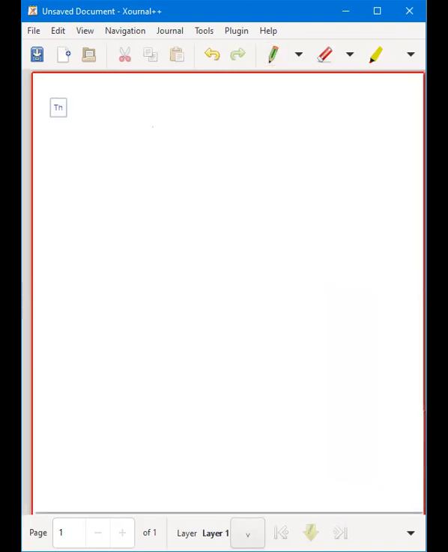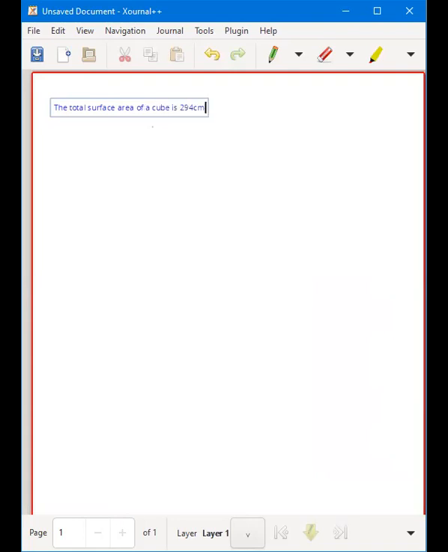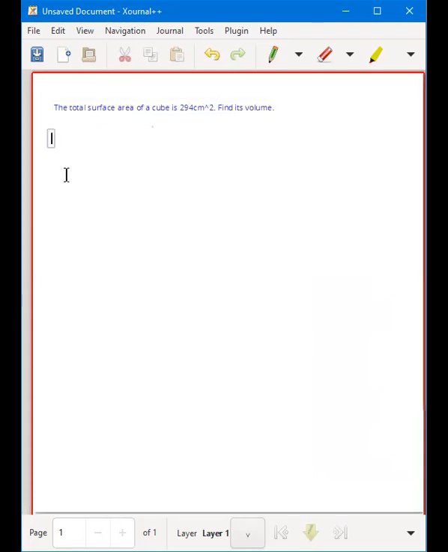The total surface area of a cube is 294 centimeters squared. Find its volume. Quickly do this. The total surface area of a cube is 294 centimeters squared. Find its volume. A pretty easy question. Quickly send me your answers.